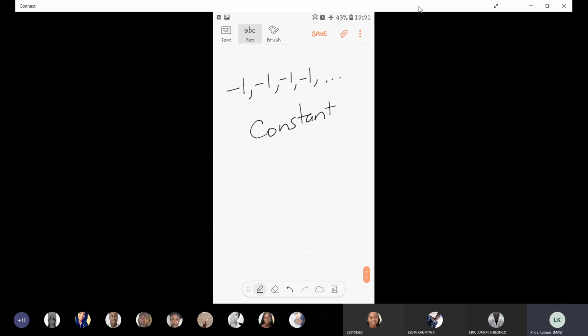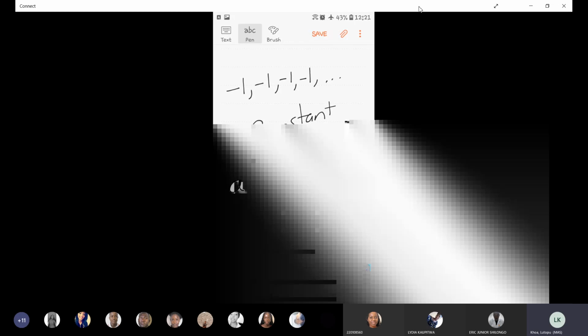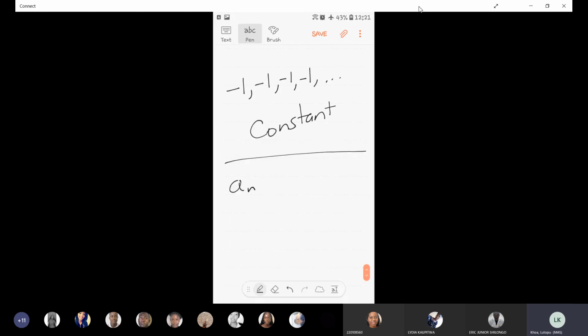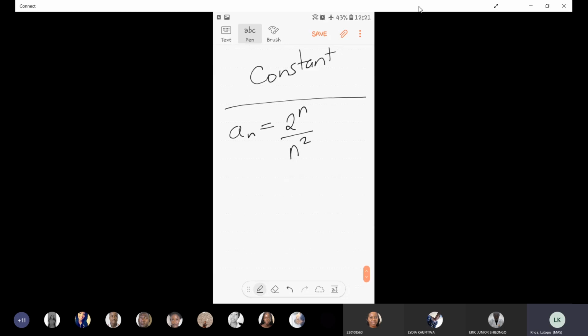Then let's look at one more. We have a_n. This is equal to 2 to the power of n over n squared. So again, this is just substituting. You start with n is equal to 1, n is equal to 2, n is 3, n is 4. Then you list your terms.